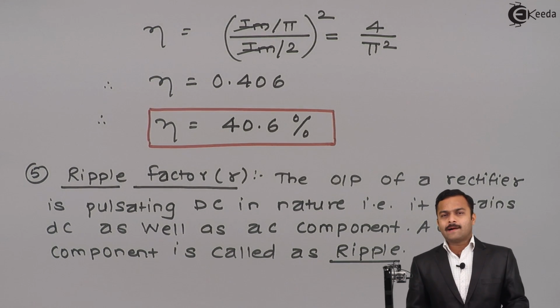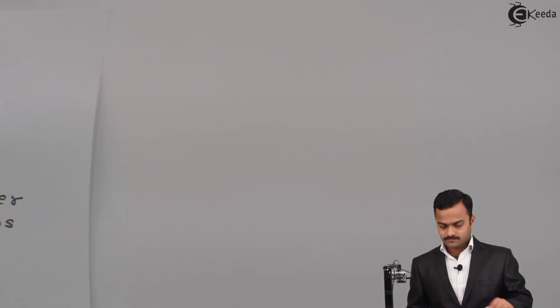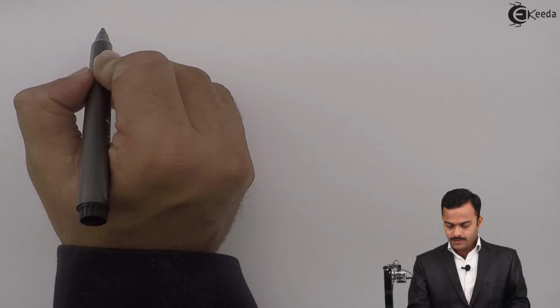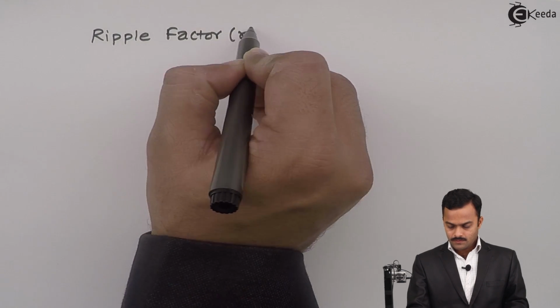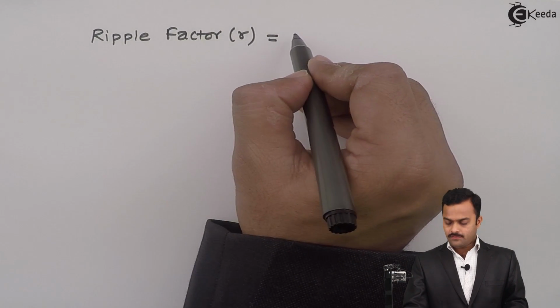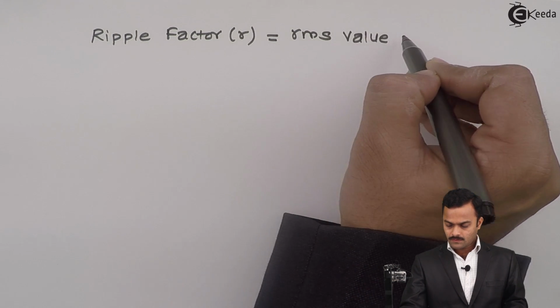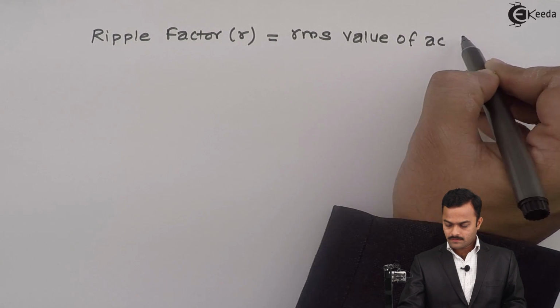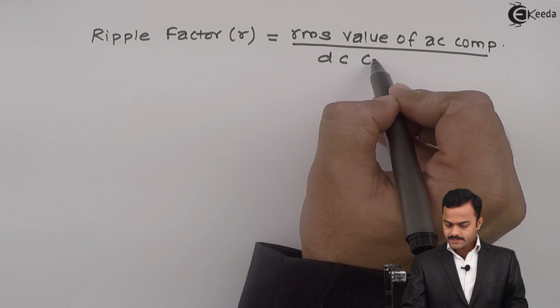How much AC component we are having compared to DC, that is called as a ripple factor. So ripple factor is nothing but ratio of RMS value of AC component upon DC component.